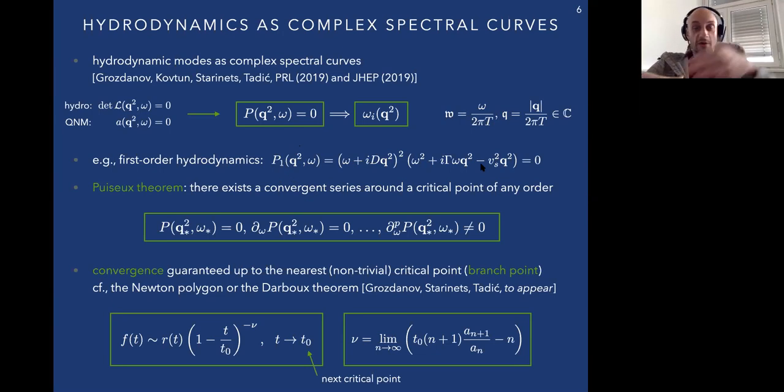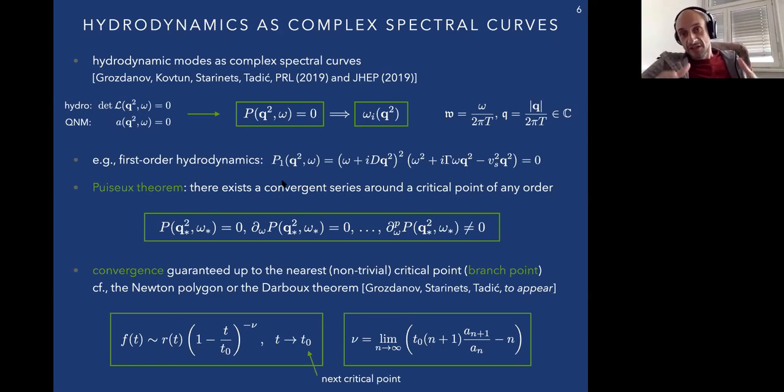Once you start adding higher derivative corrections, this gets more and more complicated, and this need not actually be a polynomial equation. If you compute it from holography, it can look much more complicated, some very complicated function. This is actually the function that gives you the spectrum of quasinormal modes, for those of you who work on holography.